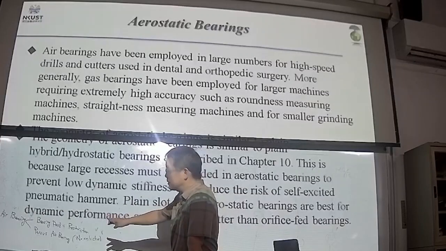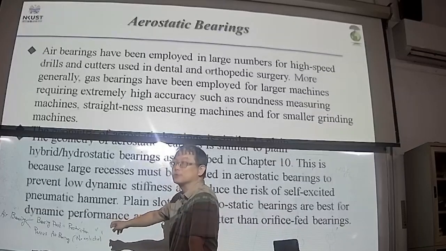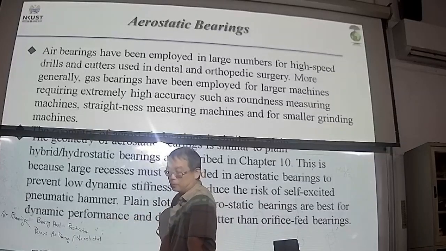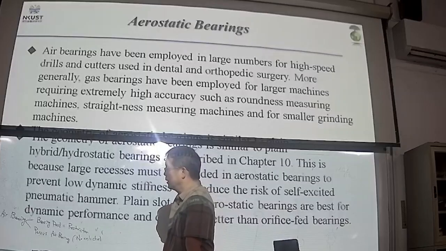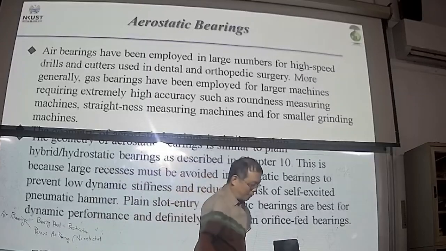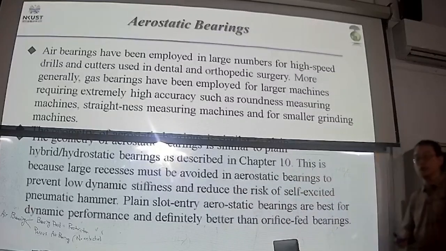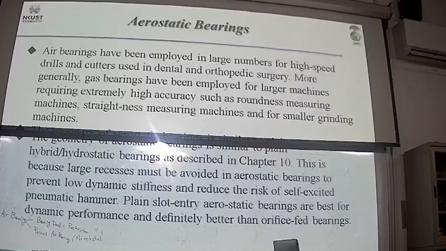So in this case, you don't need to install an extra restrictor on the material. But the difficulty is how you can manufacture this porous material homogeneously in different shapes for your product. This is the know-how. Okay.